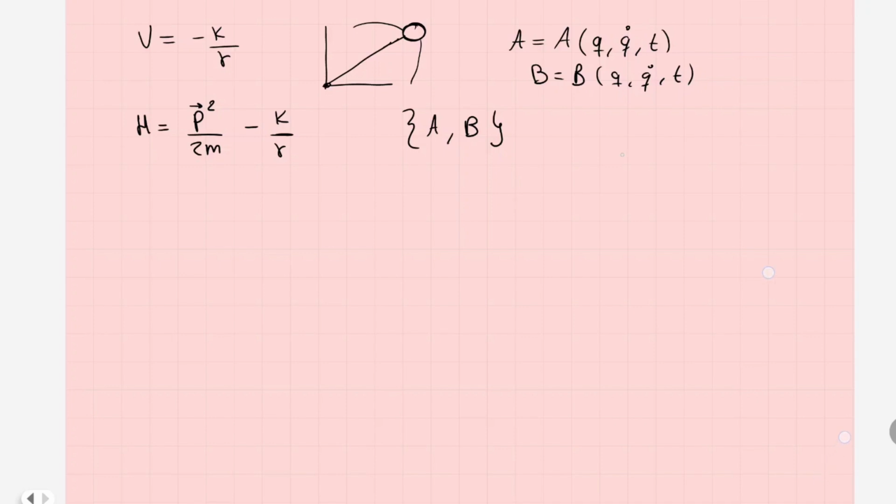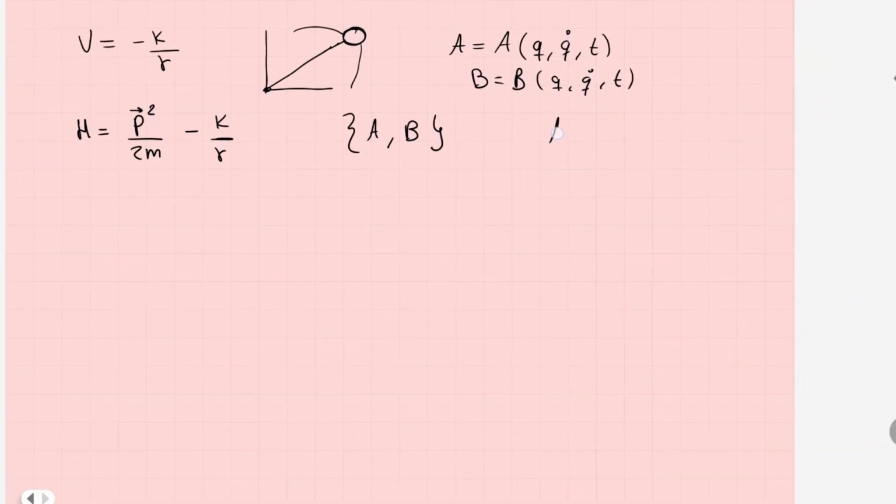Or it can happen that a will be a function of q, p, and t, and b a function of q, p, and t.